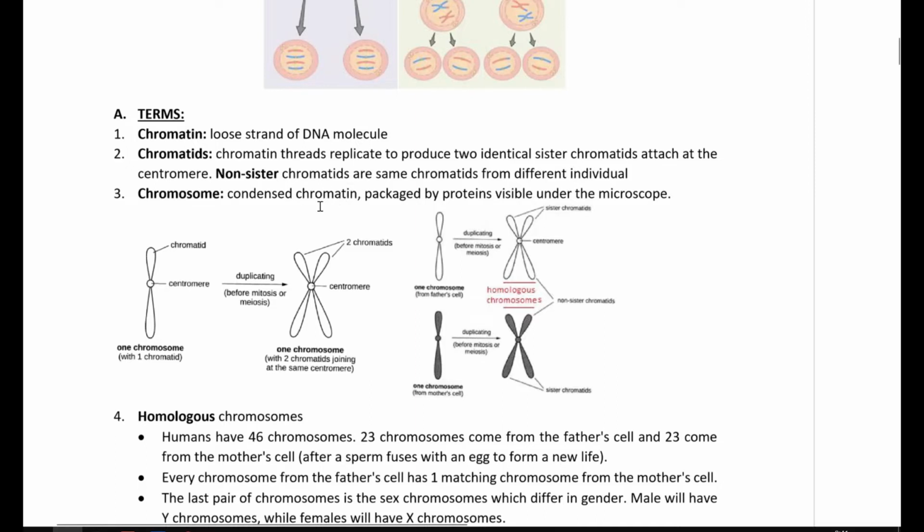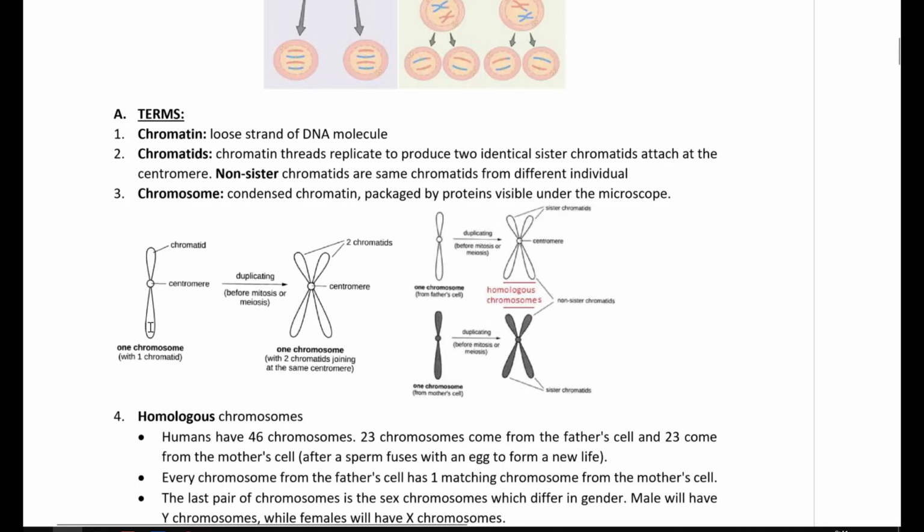Condensation of the chromatin is visualized under the microscope only during cell division. If it is not condensed, meaning it is not during cell division, it won't be visible under a light microscope, the light microscope that we use in the labs.